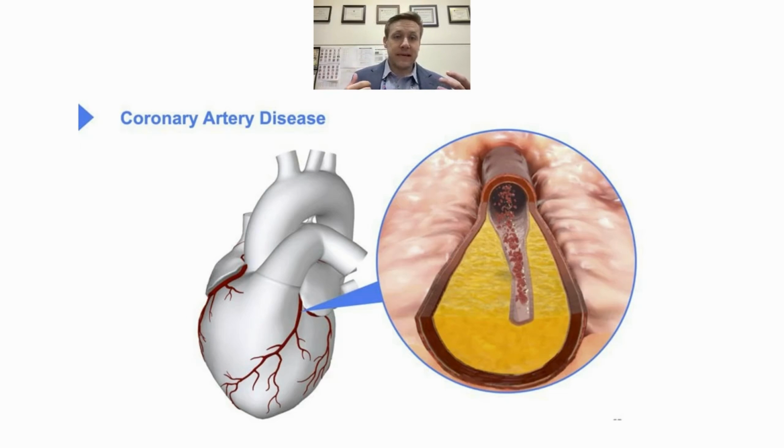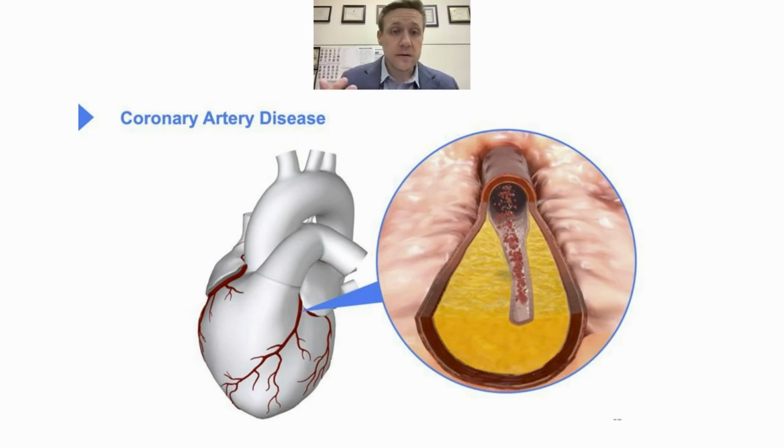So if someone has a very narrow coronary artery and they realize they're late for their bus and they have to run and catch it, now they have this increase in demand that their supply can't keep up with, they might get angina or chest pain as a result of the ischemia, or lack of blood flow to the muscle supplied by this occluded or nearly occluded, we would say stenotic, coronary artery.